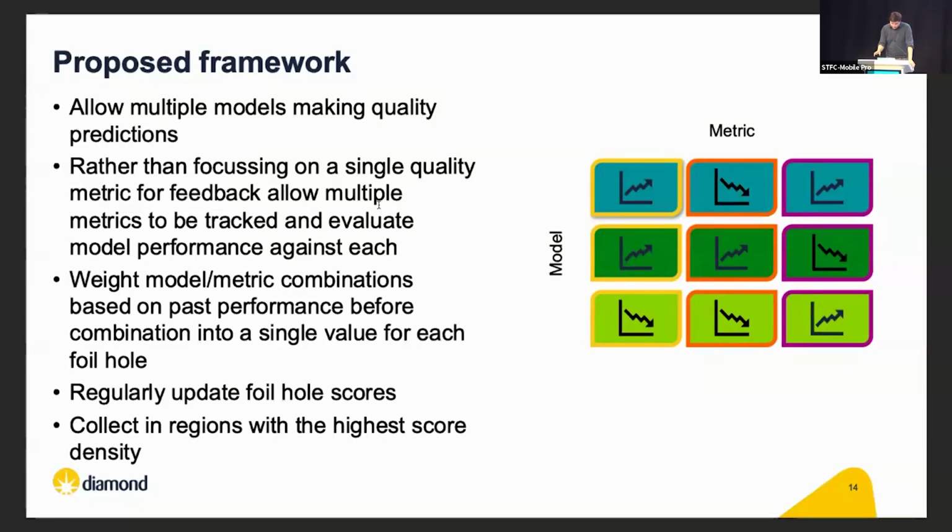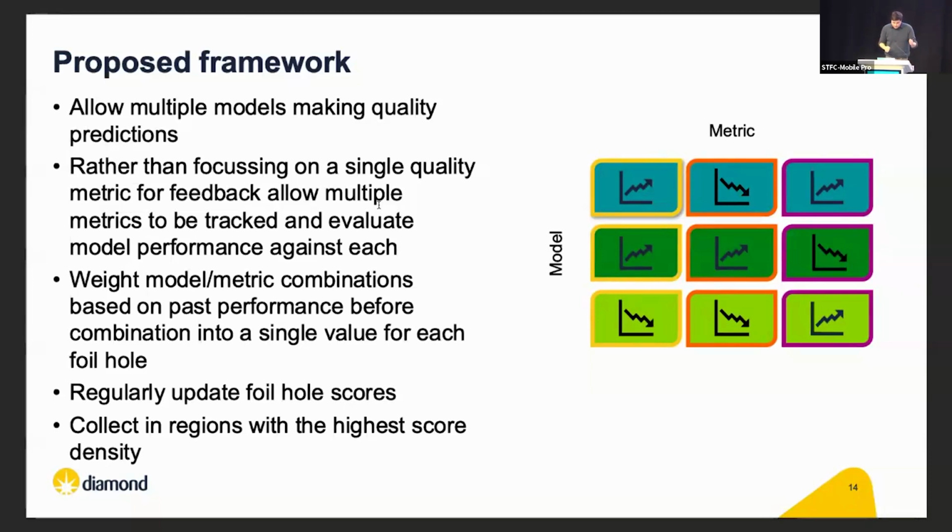So we ended up with this idea of a model metric matrix, which is what this cartoon is showing here. So this would be like a weight matrix. You have various models making predictions. You're calculating various metrics as you process.